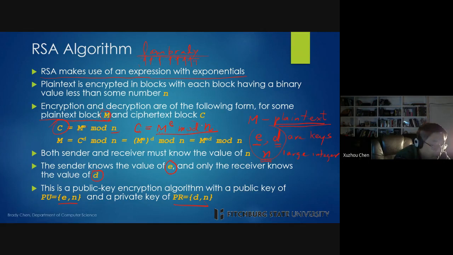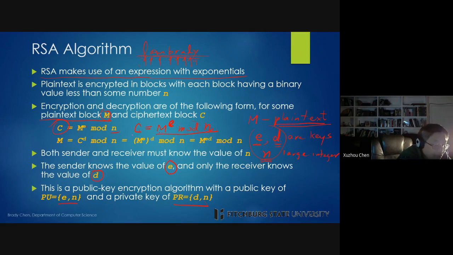Once we got c, the encryption uses one of the keys, which is e, and the decryption uses the other key, which is d. It performs exactly the same operation.